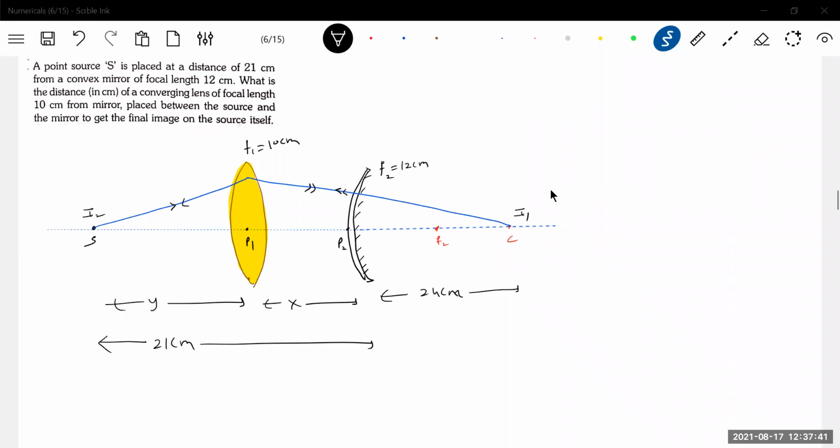Carry on now. Writing equation, nothing is there. I explained the concept. What to write as the equation? For this lens, this is the object distance. Where should the image be? Image is x plus 24 centimeter. X plus y is what? 21. We have to calculate x. Y is also unknown. So definitely two equations, two unknowns will come.